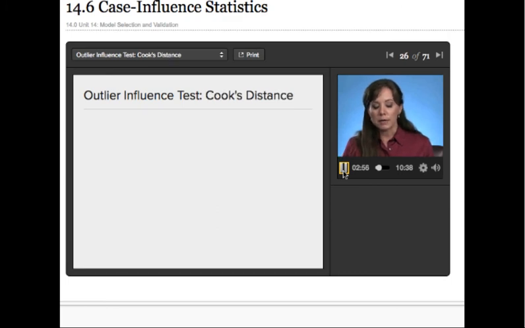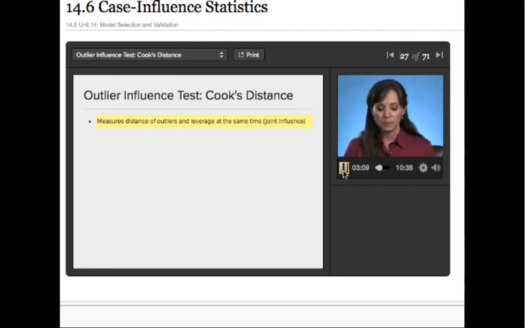Cook's D measures outlyingness, okay, that's not really a word, but measures outliers, or the distance of the outliers, and leverage at the same time. So it puts them both together, kind of a joint influence statistic, if you will. We usually plot D sub i to identify large values.